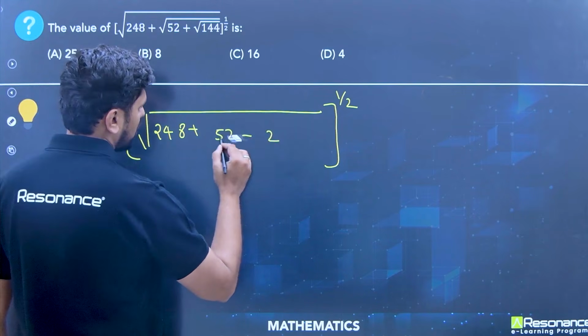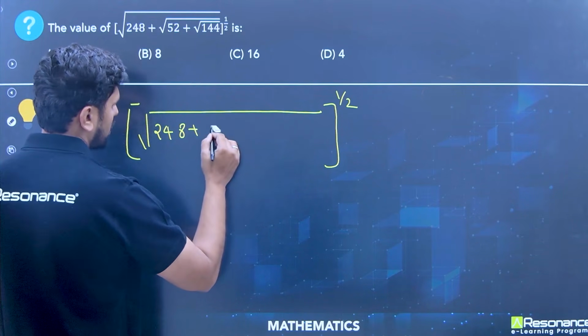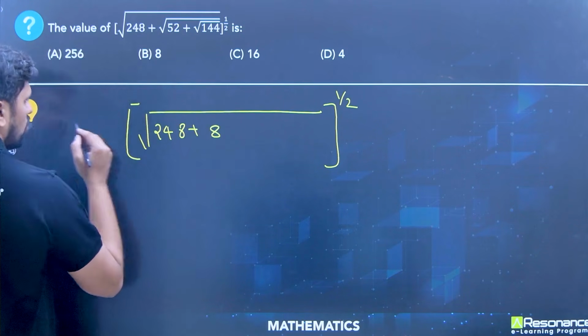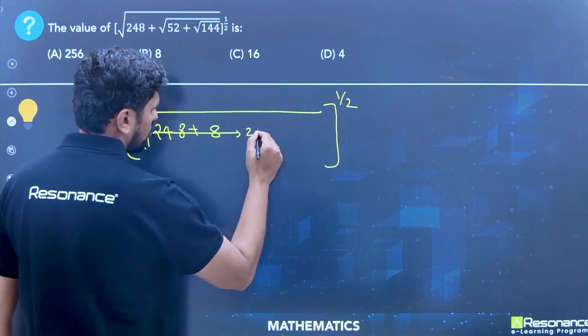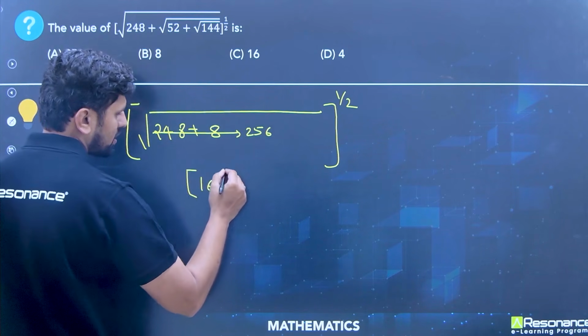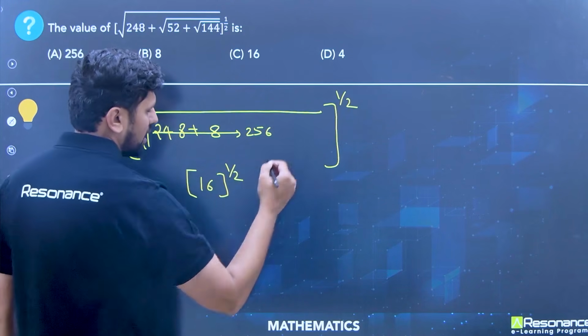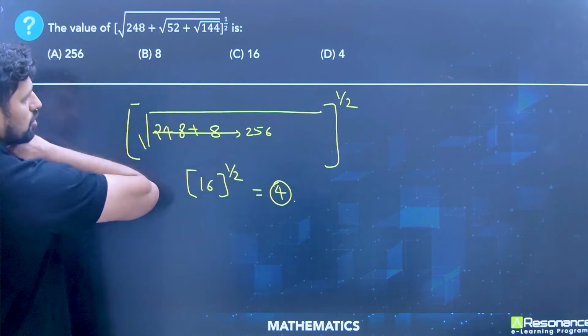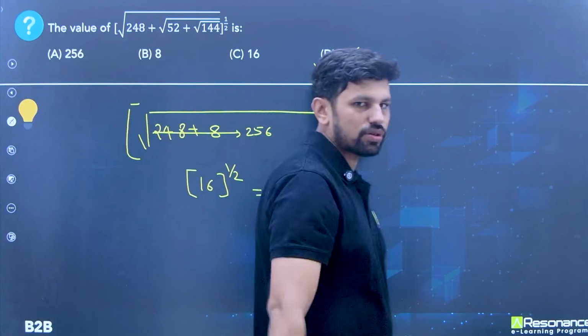And what is root of 64? Root of 64 will become as 8. Now, what is 248 plus 8? 256. And root of 256 is 16. And again power 1 by 2, that is equal to 4. So, answer will be 4.